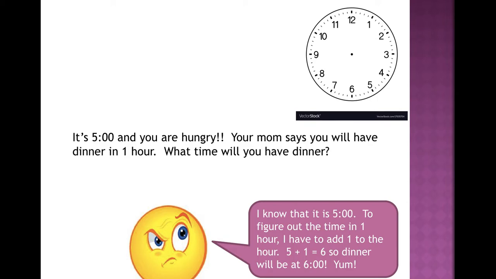So if it's 5 o'clock now and I will eat in 1 hour, the hour hand will move here, and then the minute hand will go up there to be 6 o'clock. So we're just adding 1 to the 5. So 5 plus 1 equals 6. So dinner will be 6 o'clock. So all we did was we just moved 1 hour from 5 to 6 o'clock.